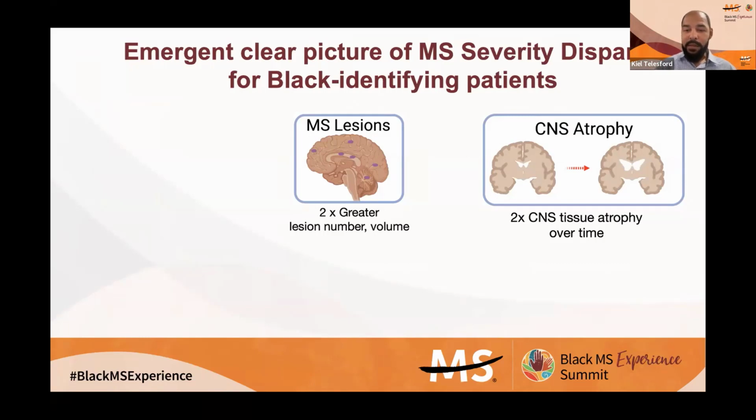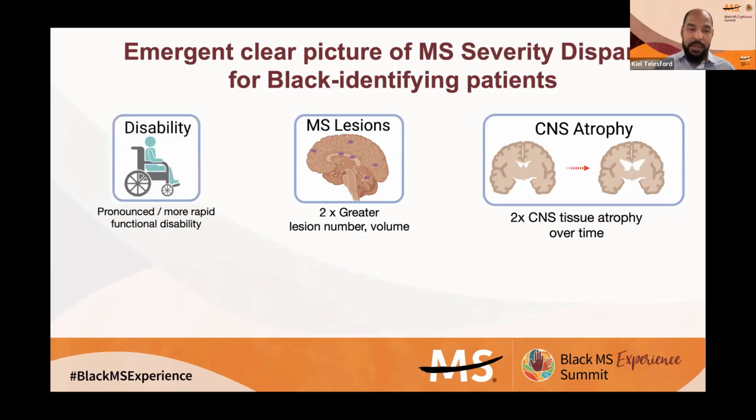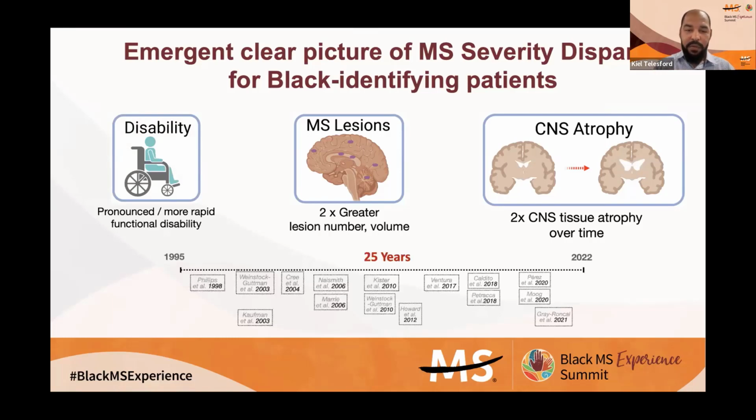So that looks like double the rate of tissue atrophy over time, double the number of lesions that will develop and the volume, the size of those lesions. And associated with these pathological manifestations, an increased, more rapid rate of disability on average, according to these studies that were done over the past 25 years. I'm just depicting and naming a few of these studies that looked at these particular measures.